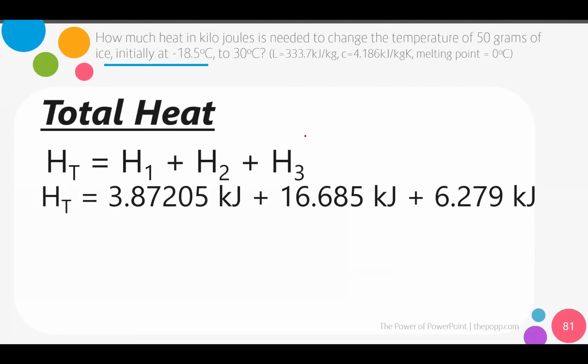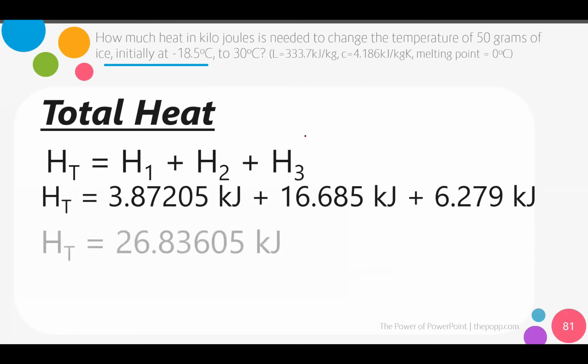Okay? So since magkakapareho yung kanilang unit, which is in kilojoules, so we can directly add. Pero pag magkakaiba yung kanilang unit, so convert muna natin sila para magkakapareho na yung kanilang unit. So since in this case, they have the same units, then we can proceed in our addition.